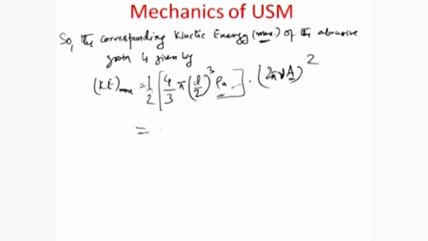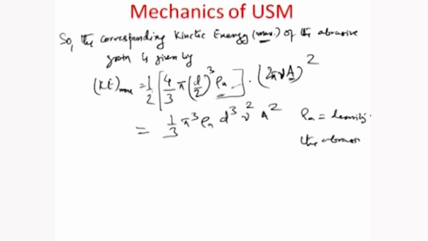If we really try to solve this, we get a term 1 by 3 cube of pi rho a d cube nu square a square, where rho a is the density of the abrasive grain. So that is what the maximum kinetic energy in this particular case would be.